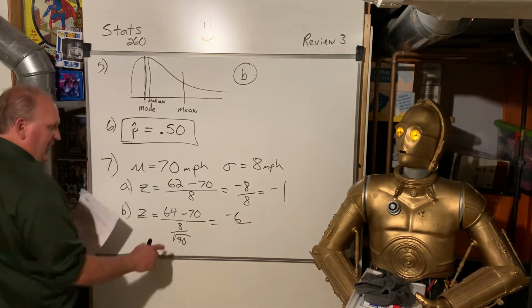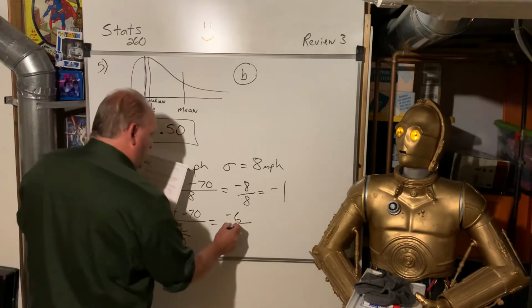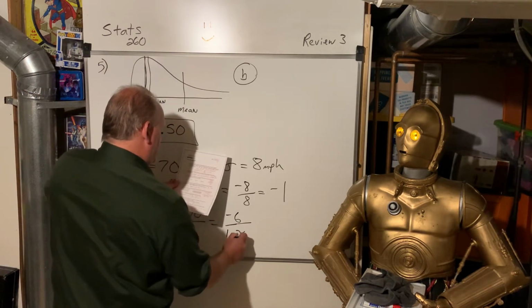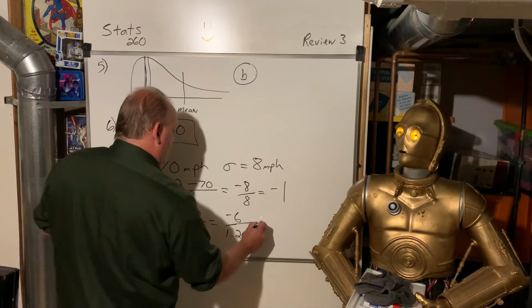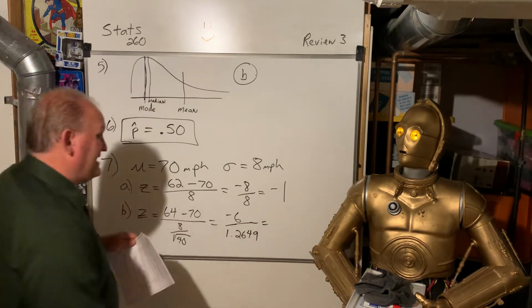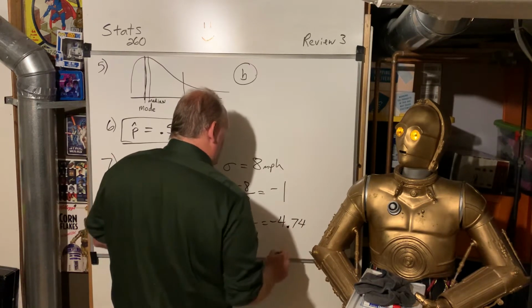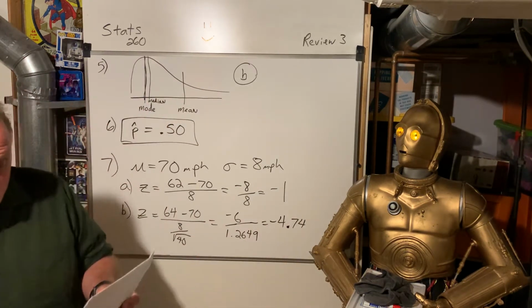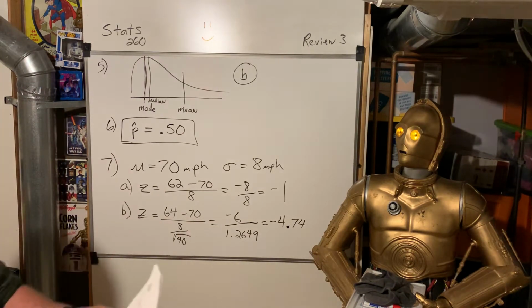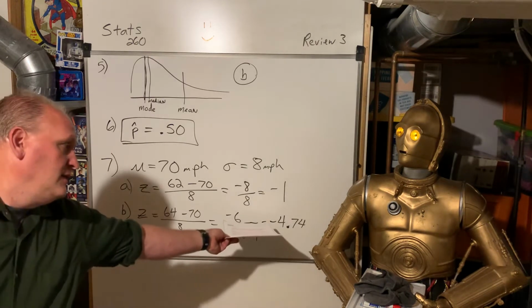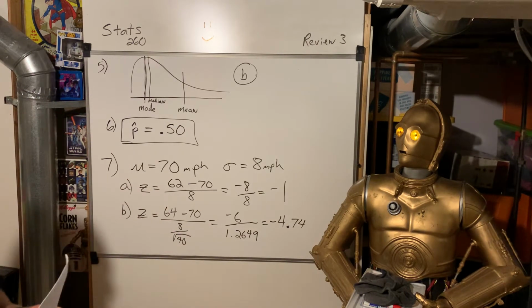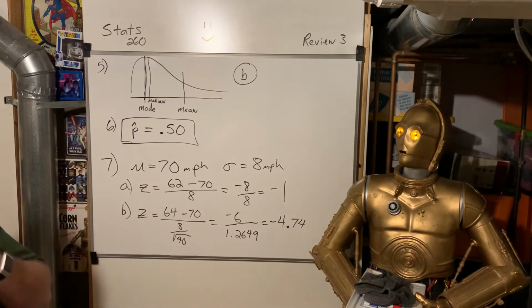If you take 8 divided by the square root of 40, you get 1.2649. And then when you divide that out, you get negative 4.74. That would be way lower than if you looked at the entire population. Because it's a sample of 40, we're negative 4.74 standard deviations below the mean, because that 40 works into the standard error.